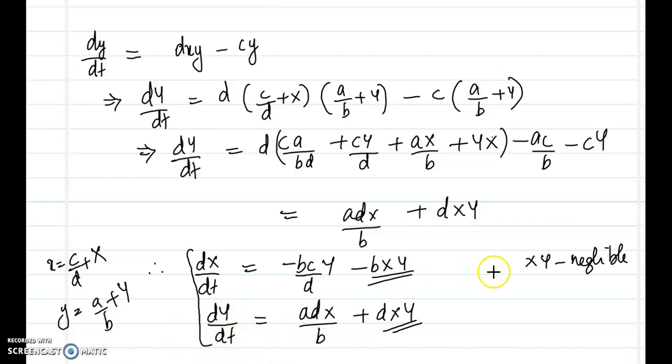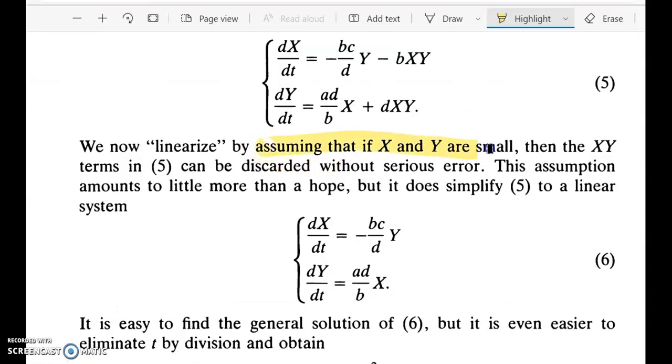So this equation can be reduced to a linear form using this approximation. Assuming X and Y are small, XY is discarded without serious error. So finally we get dX by dt equal to minus bc by d into Y and dY by dt equal to ad by b into X.